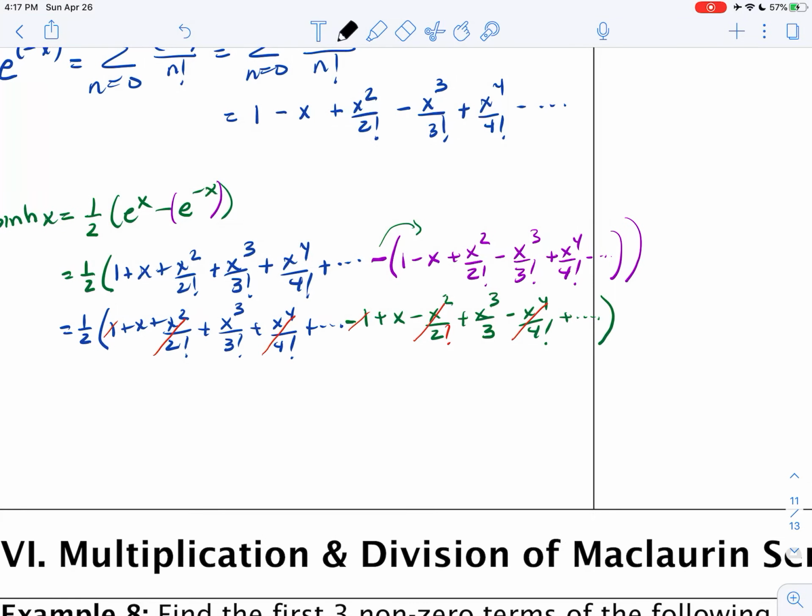I have plus 4 minus 4, and so I see that I am getting a series that looks like x, 2x, and then I have plus 2 times x cubed over 3 factorial plus, and I can see a pattern here that my odd powers are maintaining existence in my series expansion.